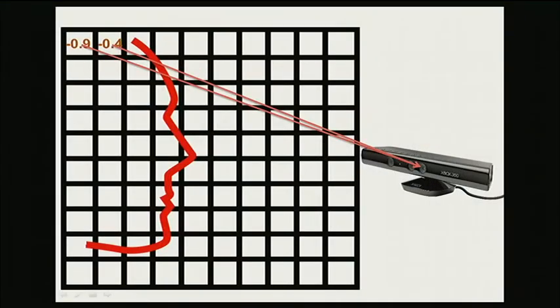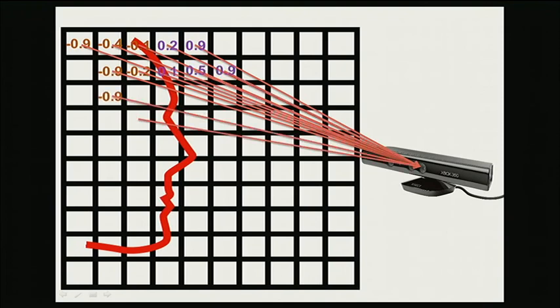So this has a negative value because it lies behind the surface. And the next voxel has a smaller number because it lies closer to the surface. And we go on like this. So this voxel has a positive value, and at some point, so I will just quickly step through this.